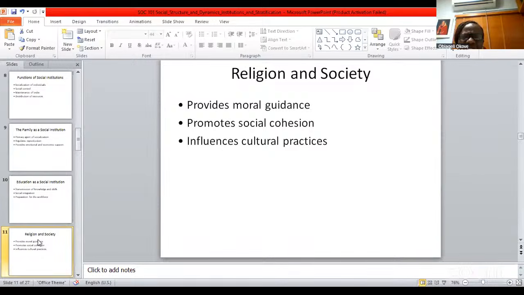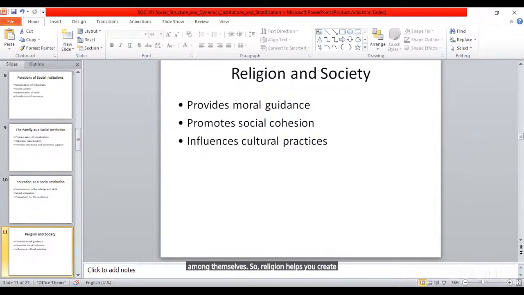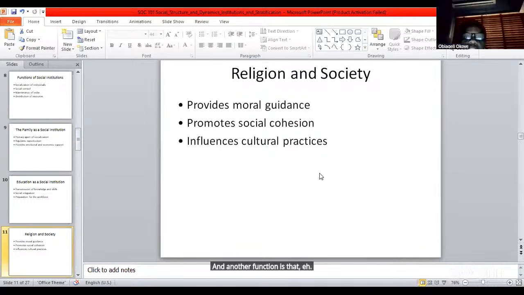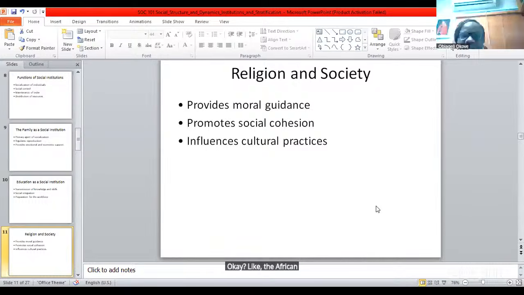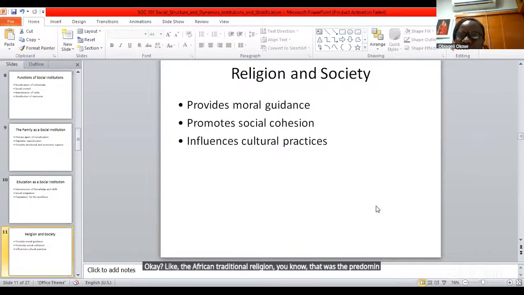The next one is that it promotes social cohesion. It brings people together. People from the same religion develop a kind of bonding among themselves. So religion helps to create social cohesion. Then another function of religion is that it influences cultural practices. Like the African traditional religion, that was the predominant religion before the white men came.